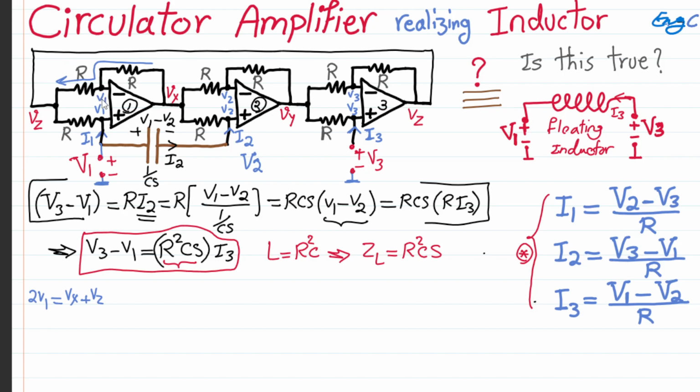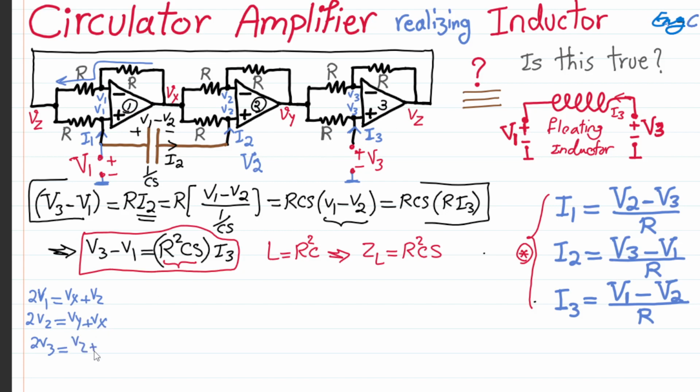Therefore, V1 should be the midpoint between Vx and Vz, which is the meaning of this. You can extend this to all of them. So 2V2 is Vy plus Vx. And you can extend this to the third one. So 2V3 is equal to Vz plus Vy.